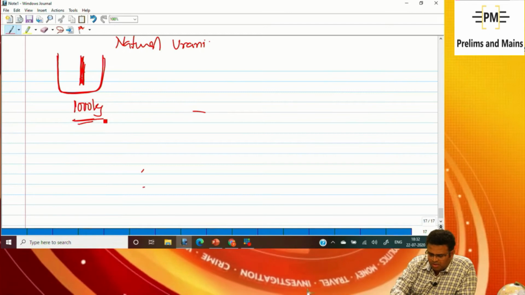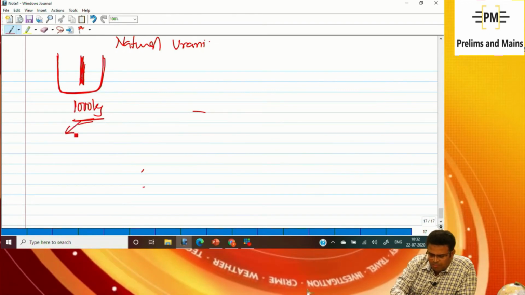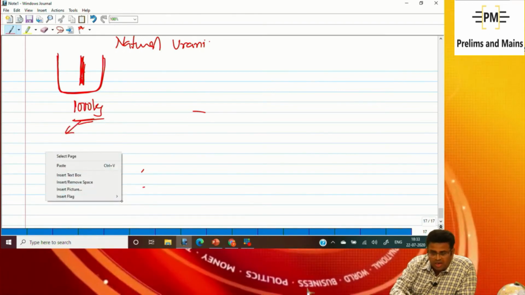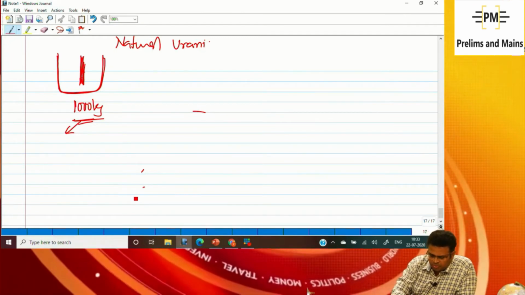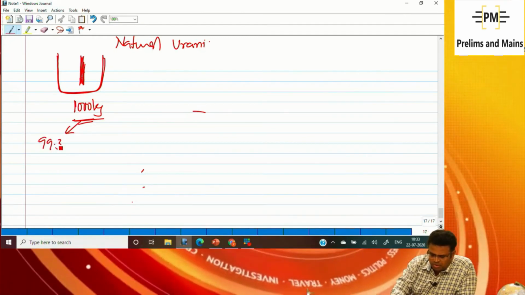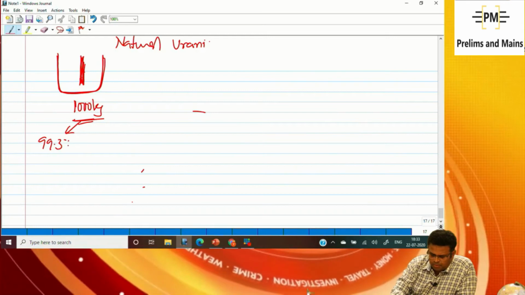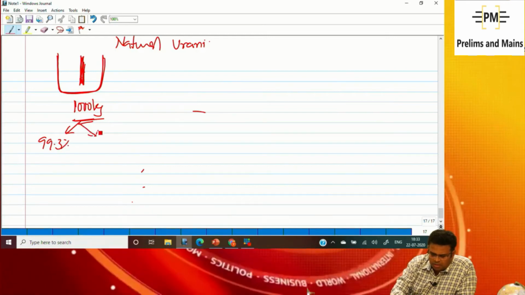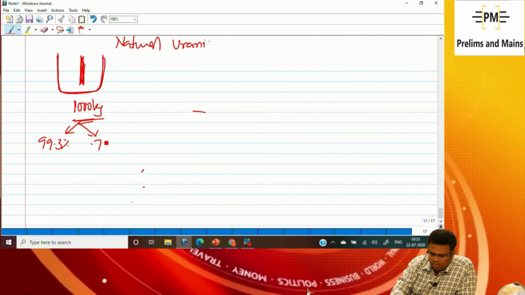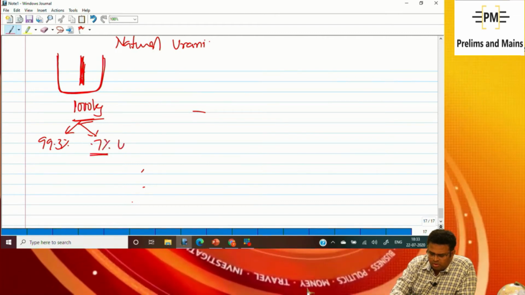So in 1000 kg, 99.3% is uranium-238, and 0.7% is uranium-235.